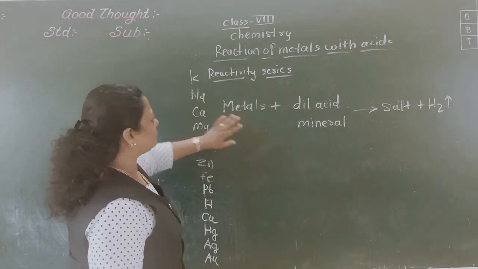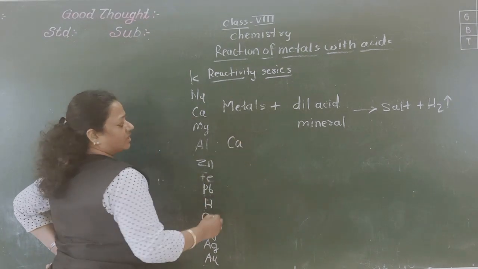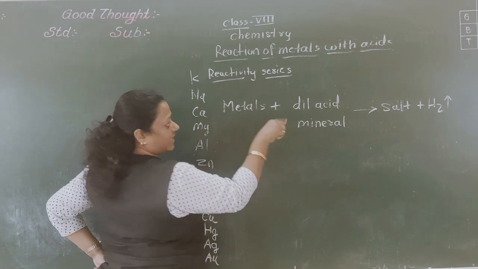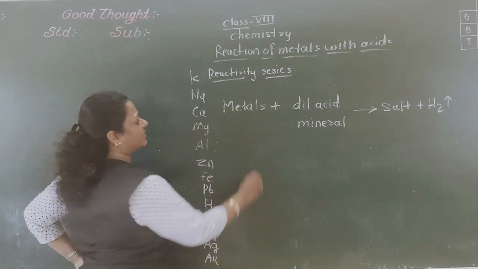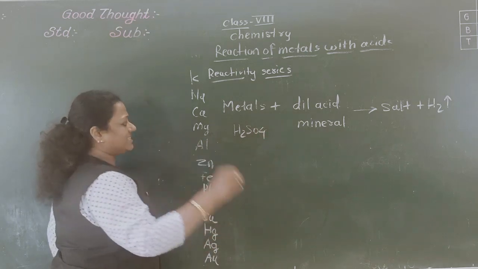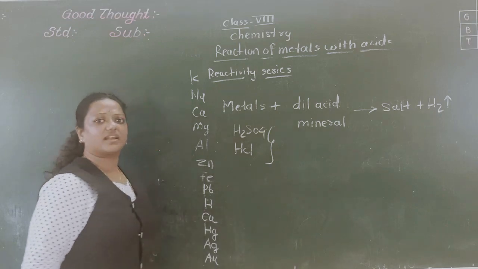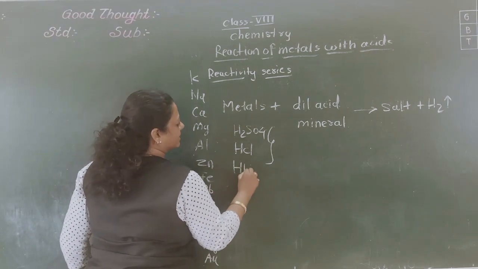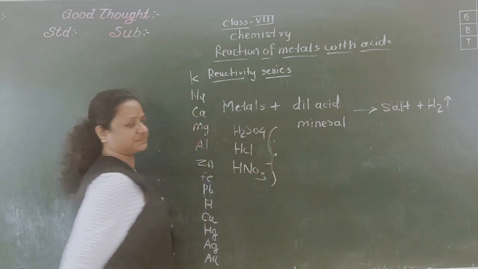Now, for example, we can take any metal, say calcium. A very important thing I shall explain at the end of this session: we will take only two acids to react. Actually there are three mineral acids, HCl, H2SO4 and HNO3.